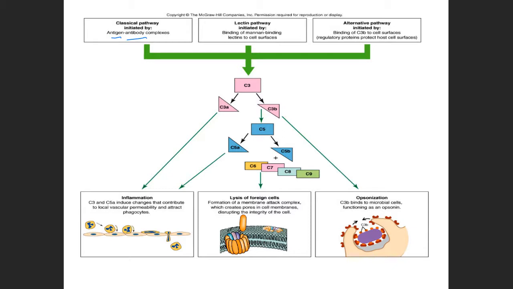What you need to get out of these is that, directly or indirectly, you need the presence of bacteria to activate complement. The first complement that begins to be activated in large quantities is C3. And when activated, C3 is split into a C3a and a C3b.